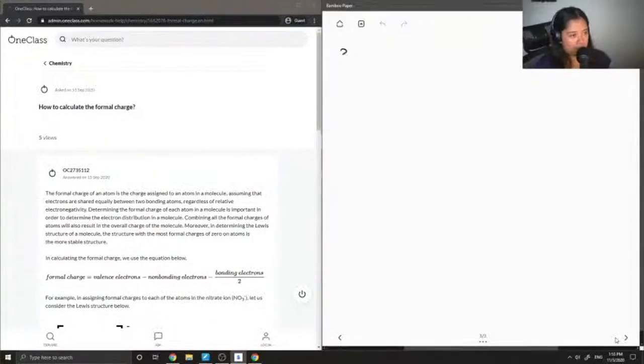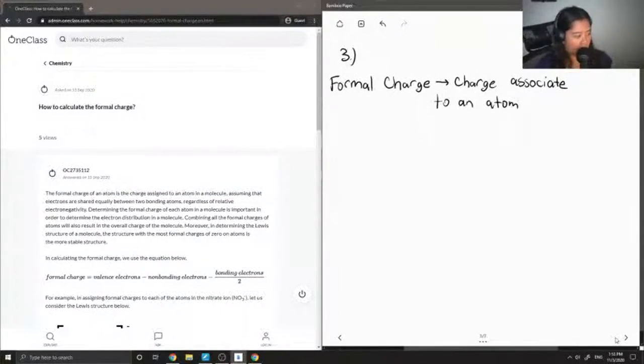So first, I'm just going to write down the definition of formal charge. Basically, this is the charge associated to an atom in a molecule. So we can use the following equation.